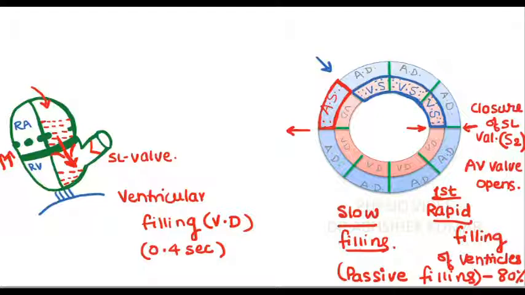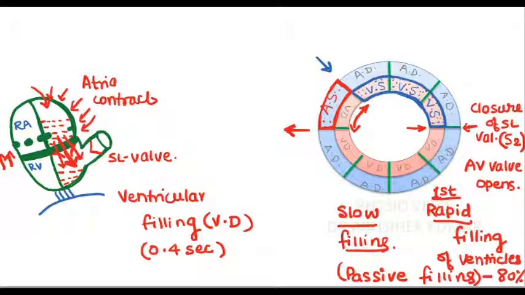Now, at the end of this 0.4 second, means at this very point, atria actively contracts. Atria actively contracts and further more amount of blood enters the ventricle. So in the last 0.1 second of ventricular diastole, the atria contracts to fill this ventricle, and this contraction of the atria is known as atrial systole.